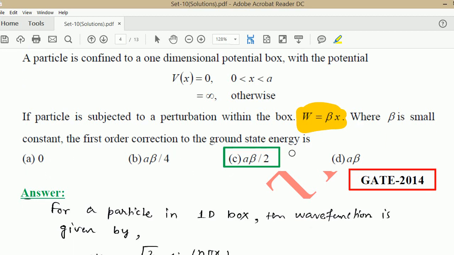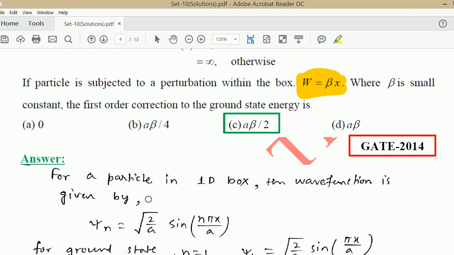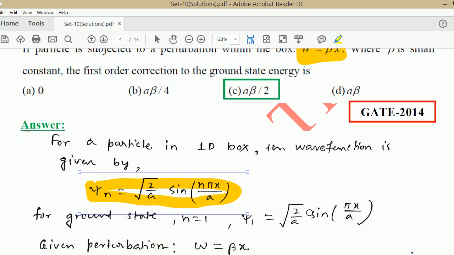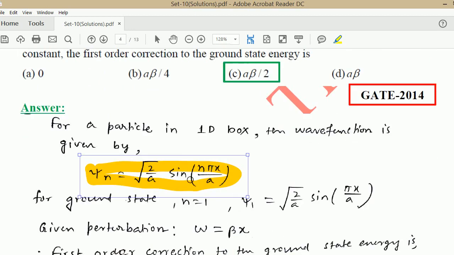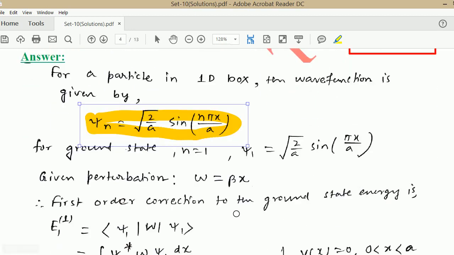The first order correction to the ground state energy is, okay, so for a particle in a one-dimensional box, the wave function is given by this one I have already discussed. Now for ground state energy you have to put n equals 1. So putting n equals 1, we get root over 2 by a sin pi x by a. So this is the ground state wave function. Now this is the perturbation given.